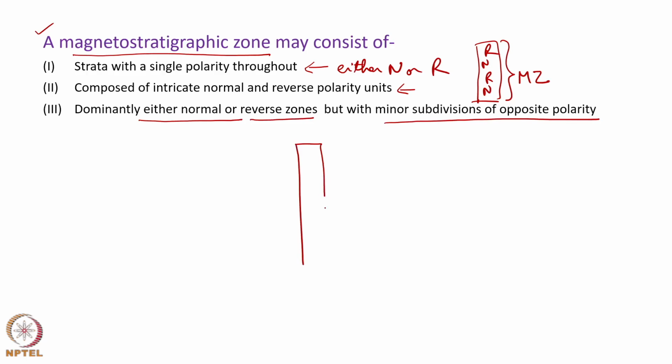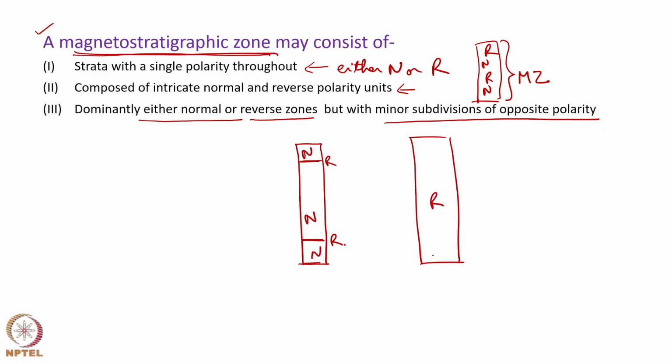Take this example where it is a dominantly normal section, but there are a few thinner reverse polarity zones. So, this can be called a magnetostratigraphic zone. Or consider there is a dominant reverse polarity zone, but there are a few thin bands of normal polarity zone. This can be considered as a magnetostratigraphic zone.